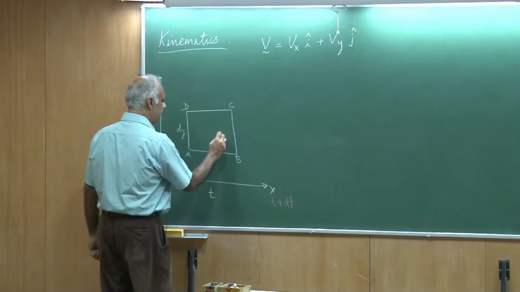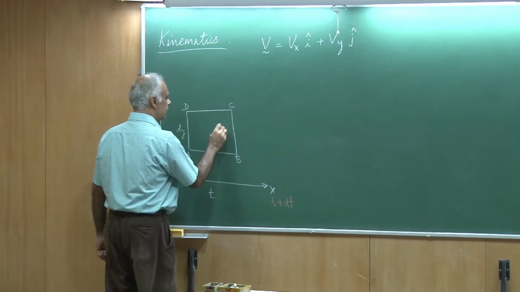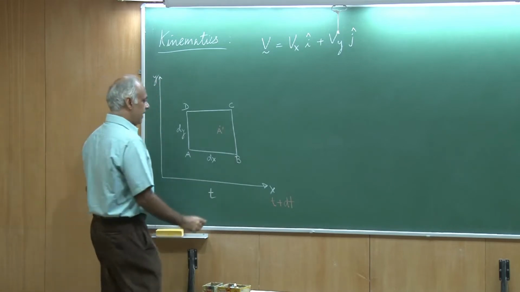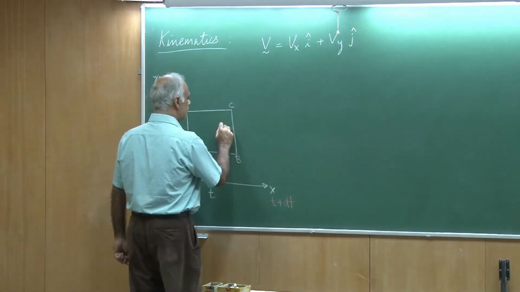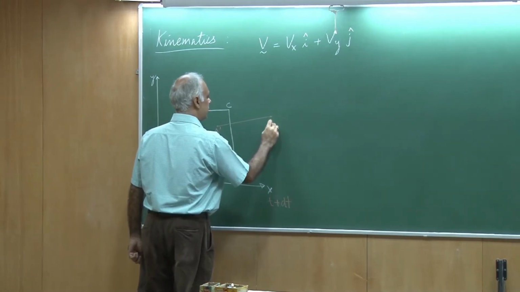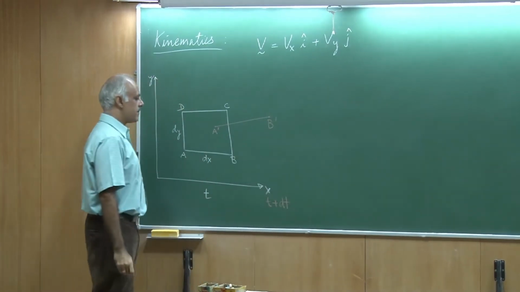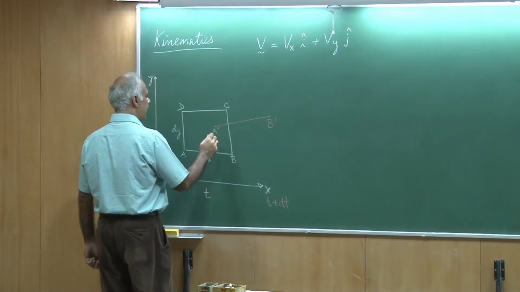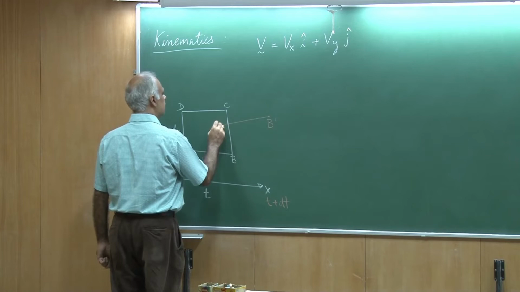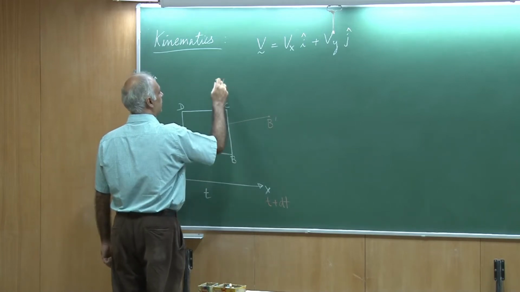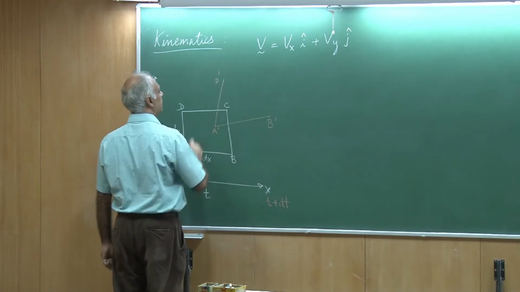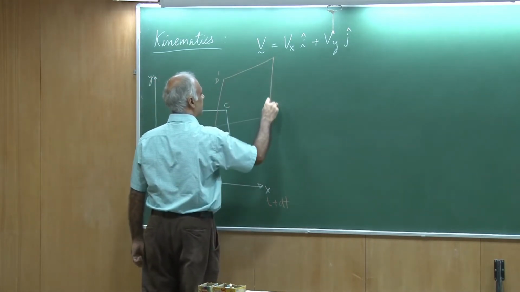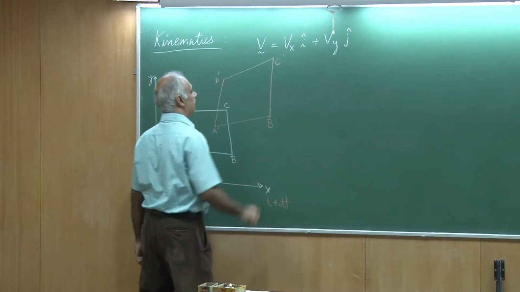Let us say the point A gets convected to this point over here, and I will call this A prime, and the point B moves to the point B prime. Similarly, the point D moves to this point over here, D prime, and the C could move to C prime.